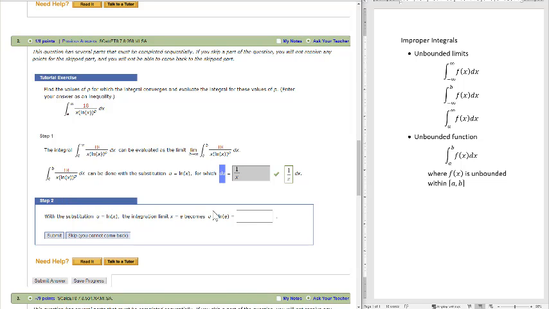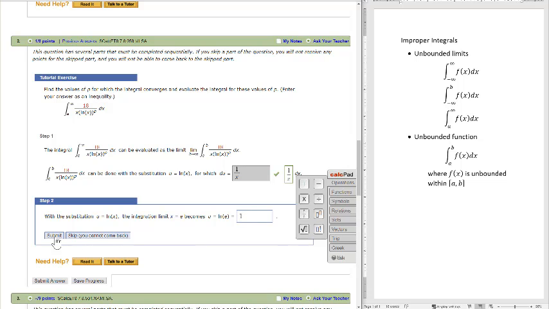Since we're switching to u, let's change our limits to u as well. So u is equal to ln x. By putting the lower limit e in there, we get ln of e, which happens to be equal to 1.